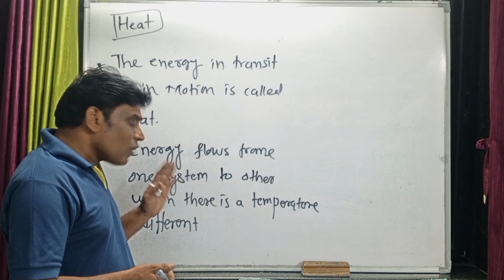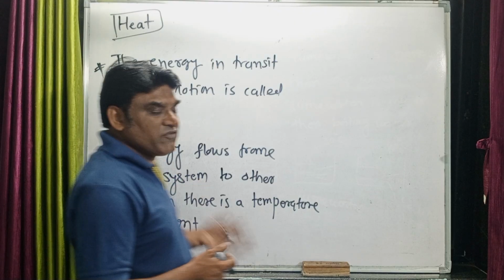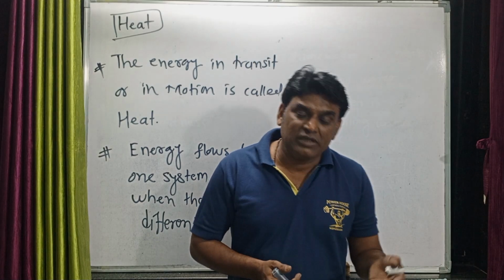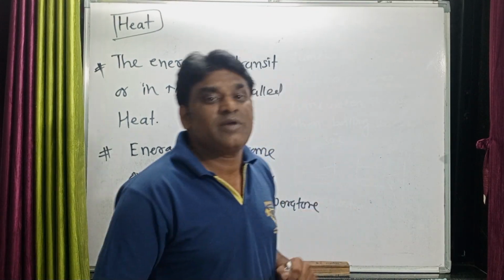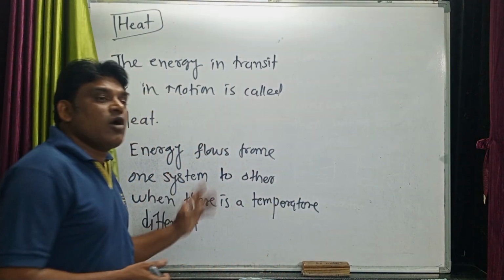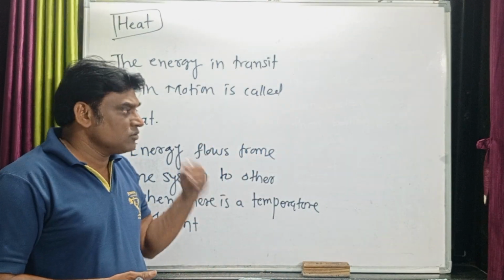So what is the basic requirement for the flow of heat? There must be a temperature difference. One body at high temperature, the other body must be at low temperature. And in that also, there is a specific direction. Heat flows from the hot system to the cold system.